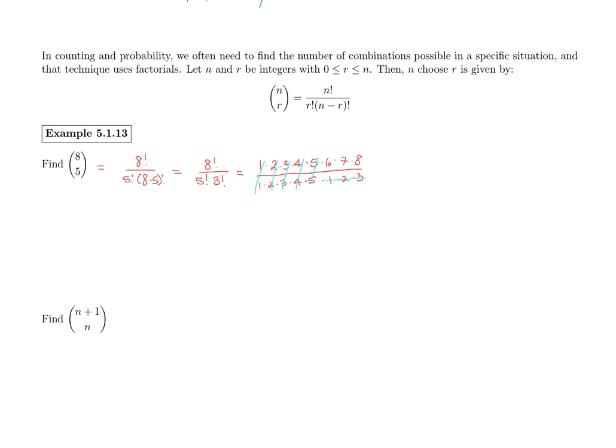So 1, 2, 3 is 6. And we're literally left with just 7 times 8 here, which is 56. So there are 56 possible combinations of size 5 given a set of 8 objects. 56 different combinations.